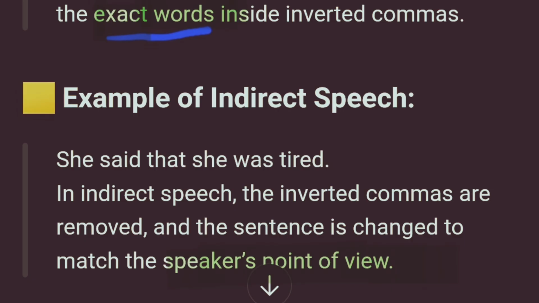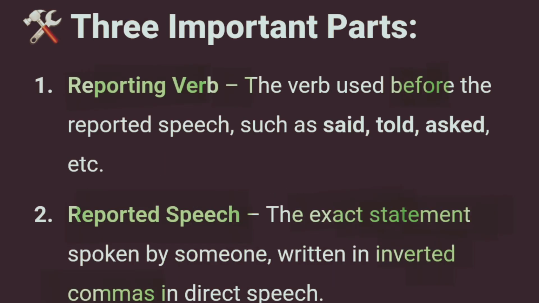There are three important parts of narration. First one, reporting verb. Second one, reported speech. And third one, reporting speech.